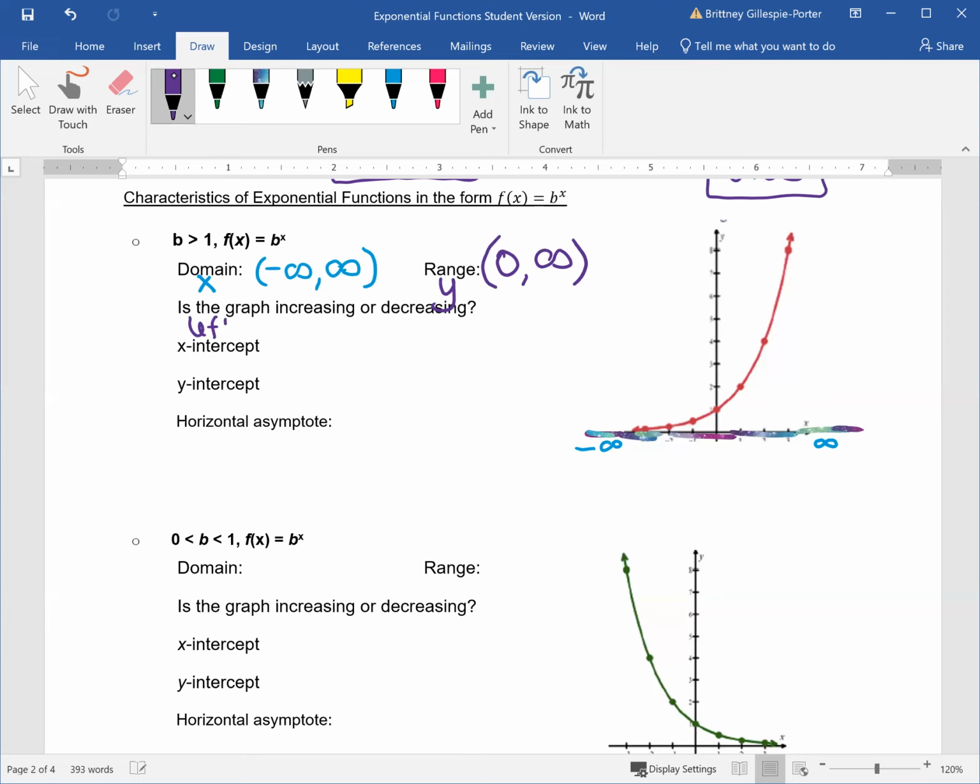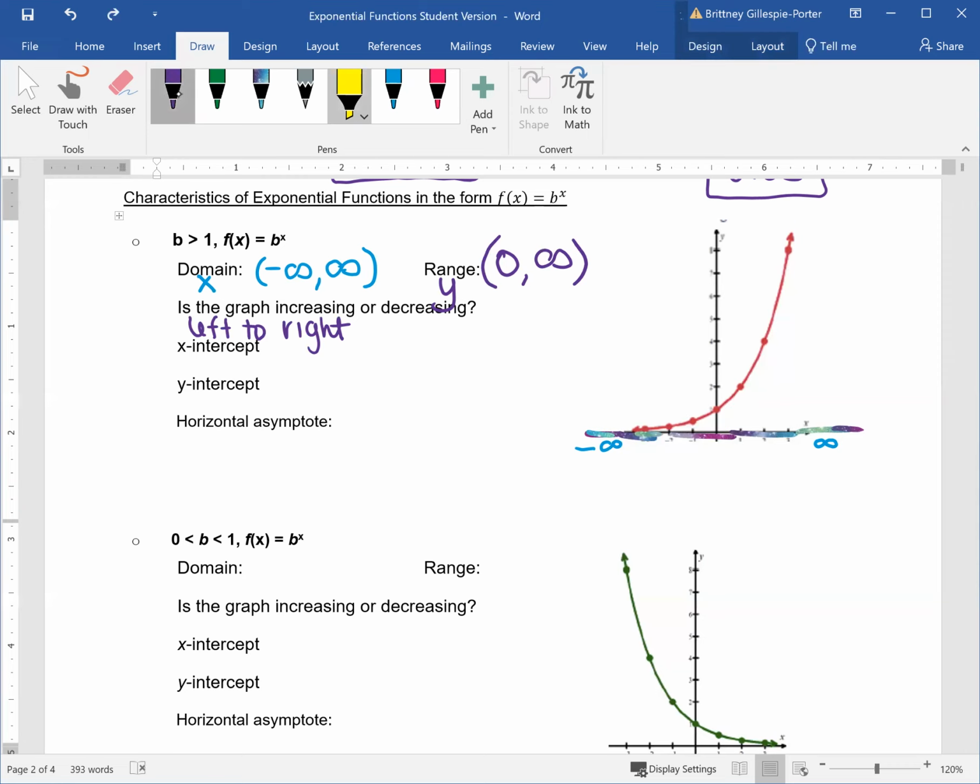From left to right, if we follow along our graph, we are going up. And if our graph goes left to right, going up, that means that our graph is increasing.